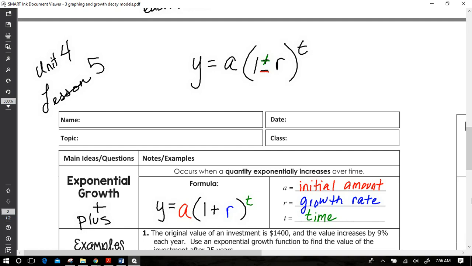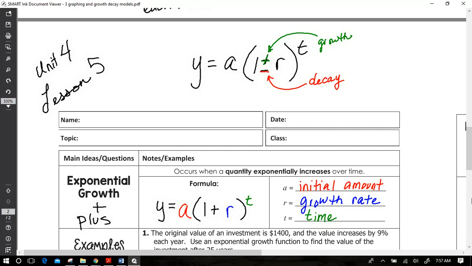Well, for our lesson today, I have separated these for us. So the plus is going to be when we have something that is growing, and the minus is going to be when we have a situation that is decaying. Okay, so this is exponential growth and decay, but I broke them down.